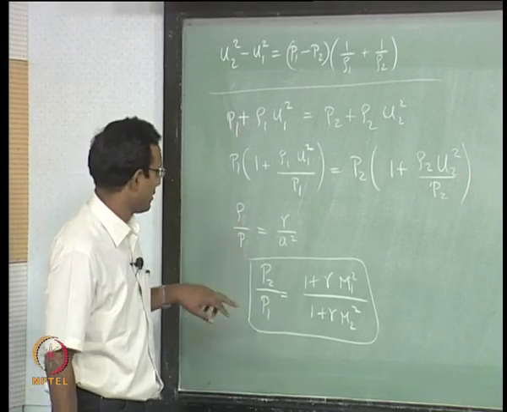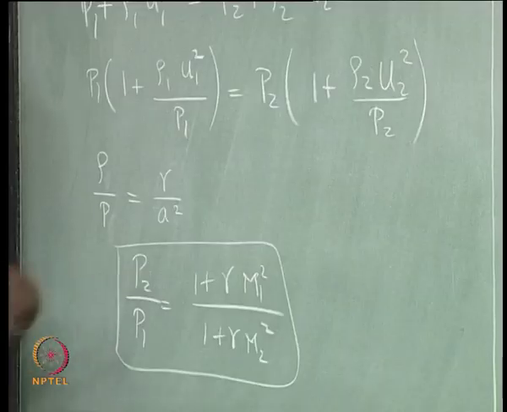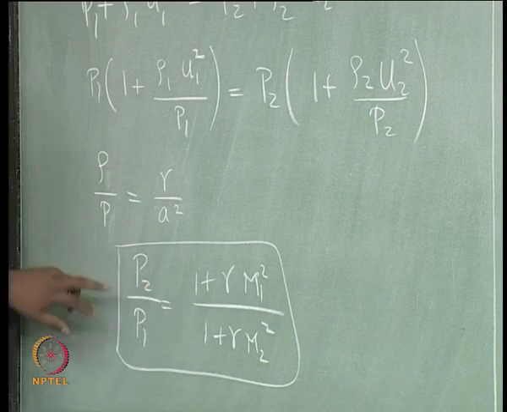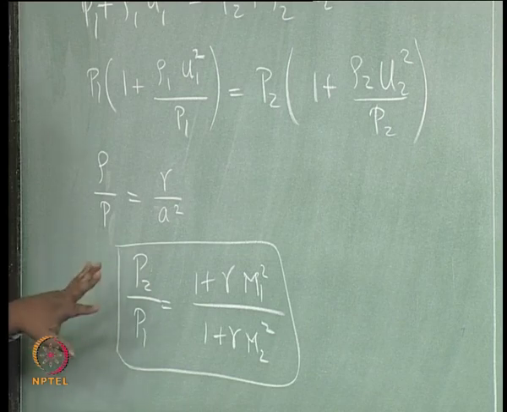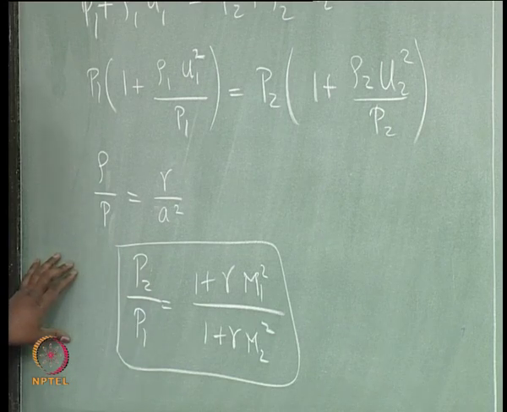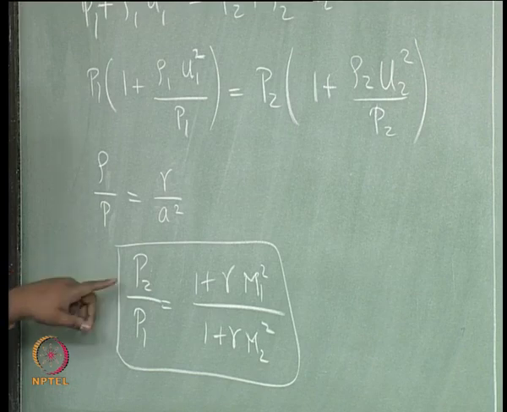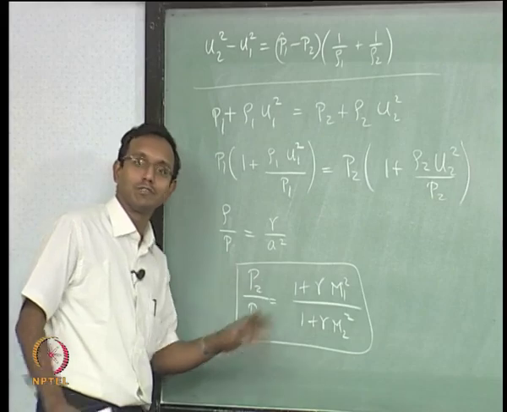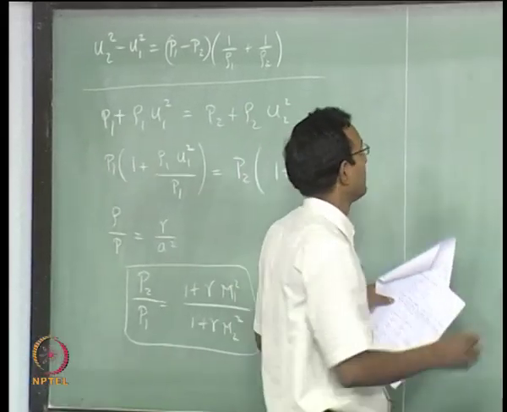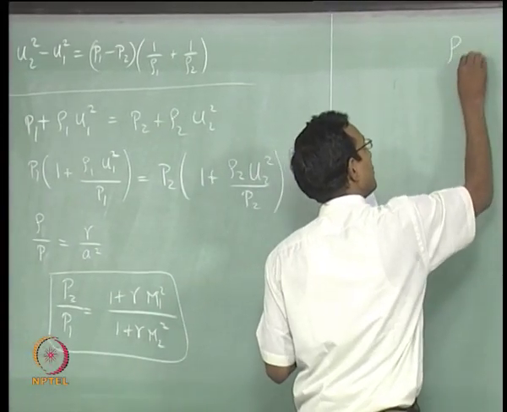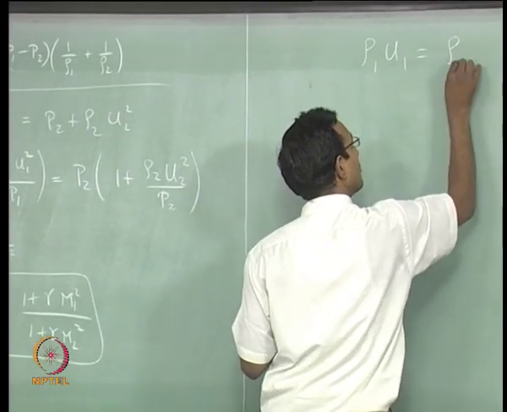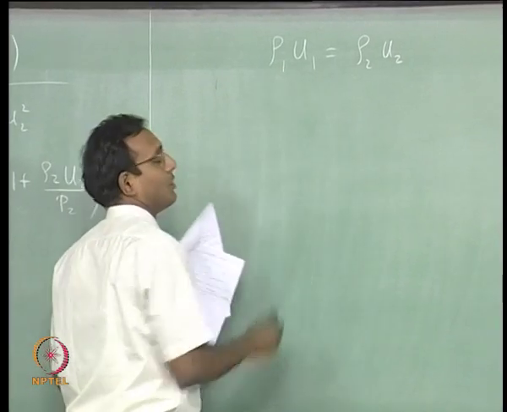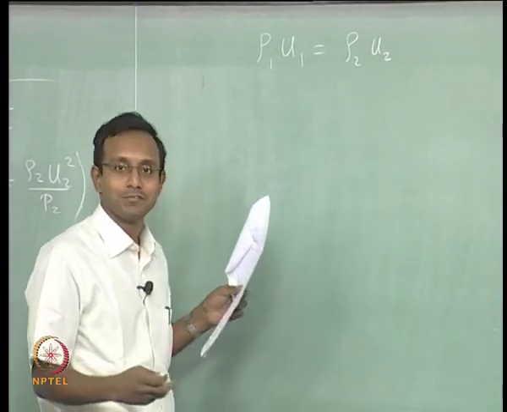Now I will go and look at deriving P2 by P1 in some other form using the remaining equations and then equating that to this, that way I will eliminate P2 by P1 also. So I will just have an expression for M1 and M2 in terms of mass and energy equation on this side, and on the other side I already have M1 and M2, I will equate those two, that is the goal. So I am starting with the mass equation. Now I will write this velocity in terms of the Mach number definition.